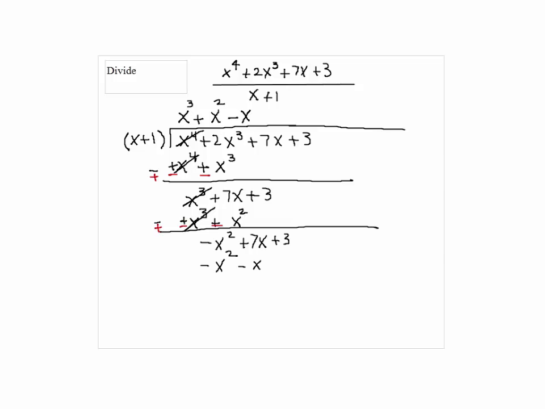And we move on. What times x gives you minus x to the power of 2? It would be minus x. Multiply negative x by this binomial: minus x times x gives you minus x squared, and minus x times 1 is minus x.